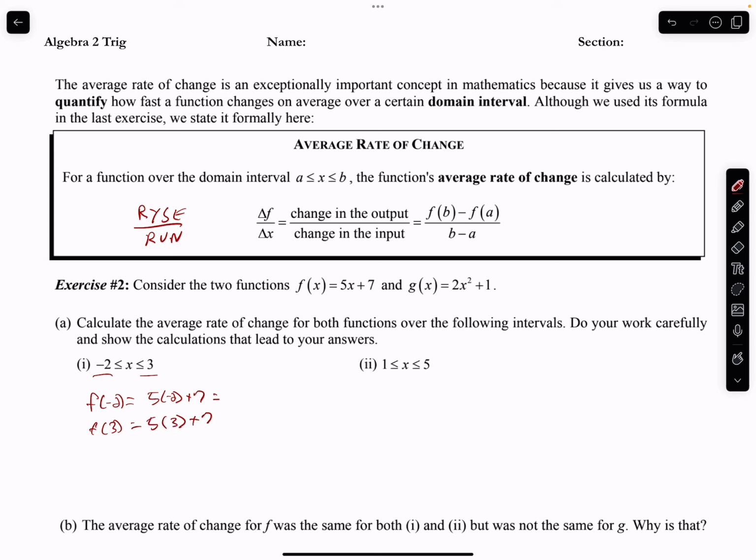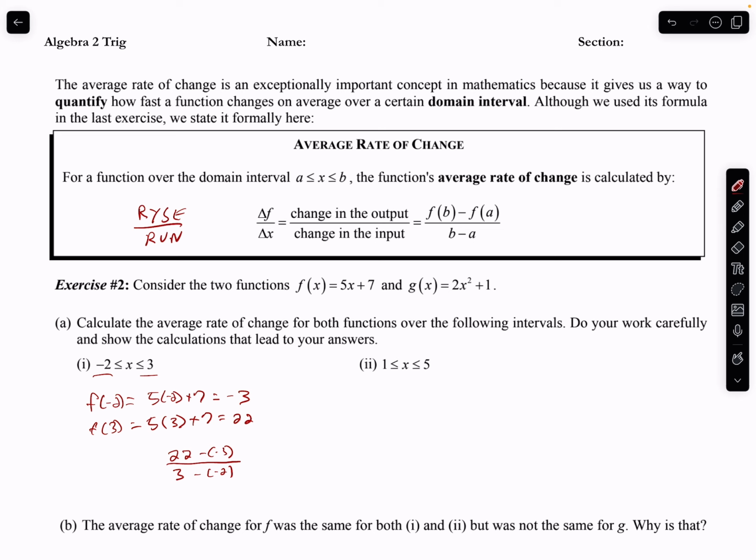Okay, so now what we're trying to do here is find our y values. You can see here, we're going to get -3 for the y value. And then f of 3 would be 15 plus 7, which is 22. All right, so now the change in the y's over the change in the x's. So I'm going to do 22 minus -3, and then 3 minus -2.